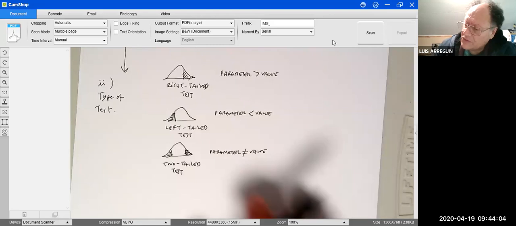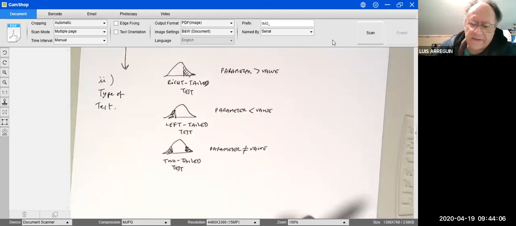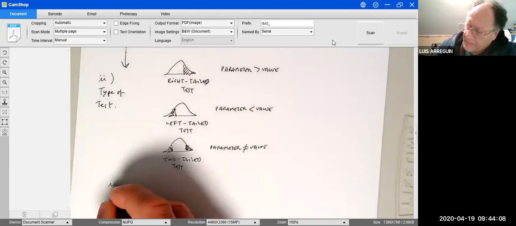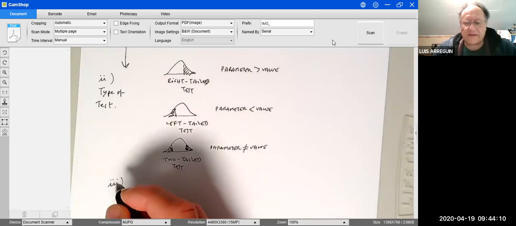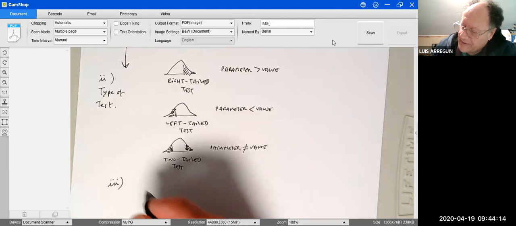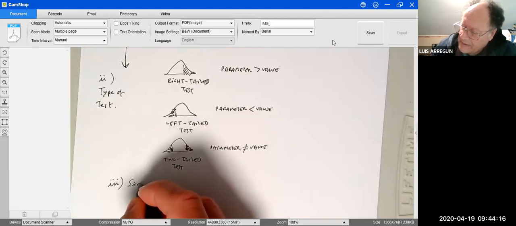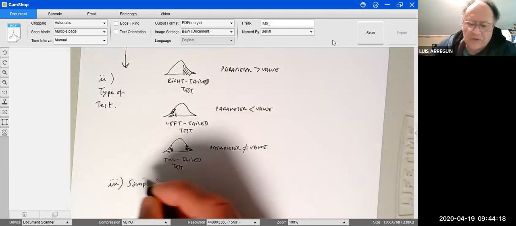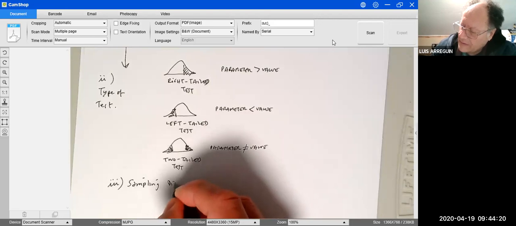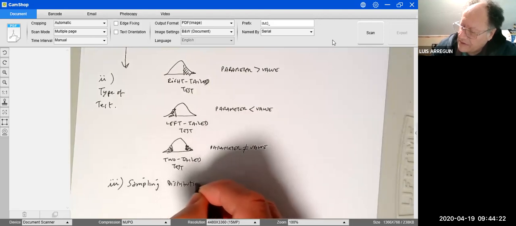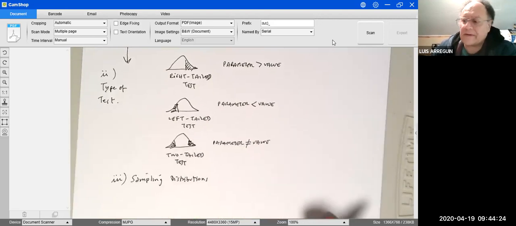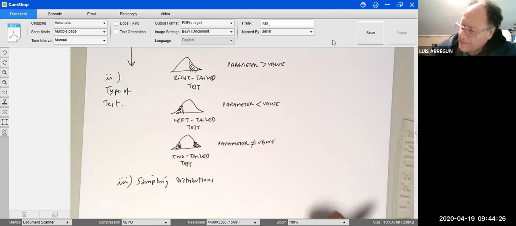So once you know the type of test, you're going to proceed with the next step, which is that you need to determine the sampling distribution that you're going to use. You know, from confidence intervals before, we learned that there are different kinds of sampling distribution depending on what the parameter is that you're going to use.